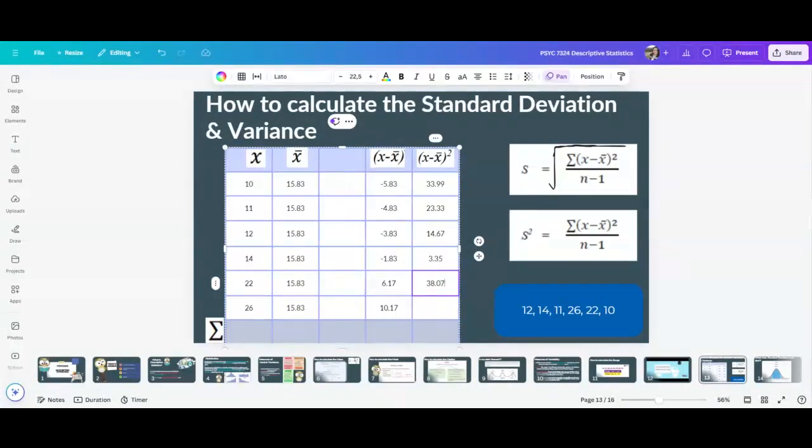Correct. 38.07. And then last one, 10.17. 103.43. You're on top of it, guys. You're nailing this. Look at this.